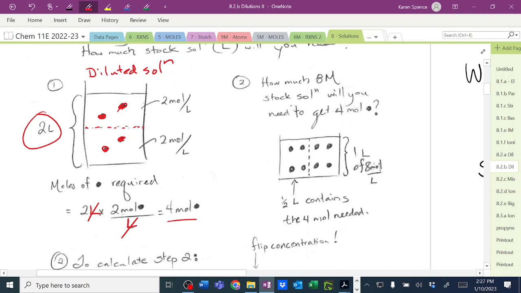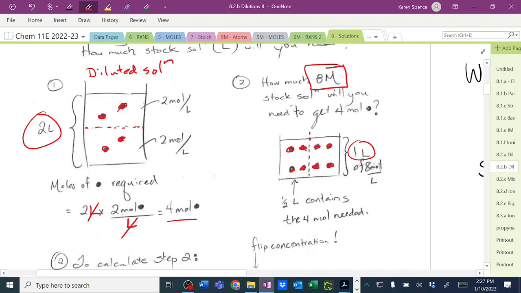And now we say how much of the 8 molar stock solution, so here is 1 liter of the 8 molar stock solution. You can see we got 1, 2, 3, 4, 5, 6, 7, 8 molecules in there, or moles rather. How much of that do we need to give us 4 moles?